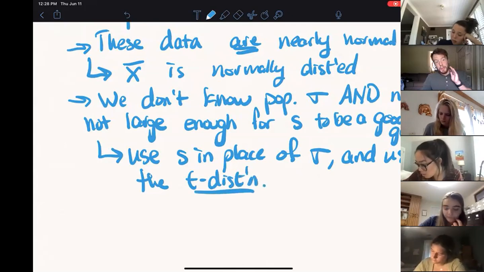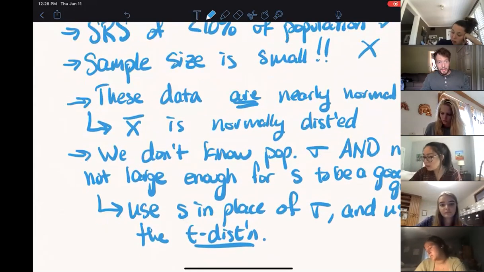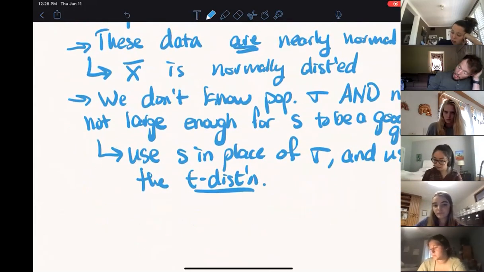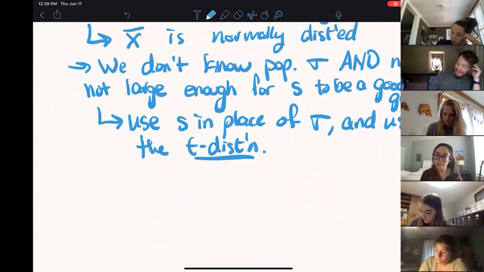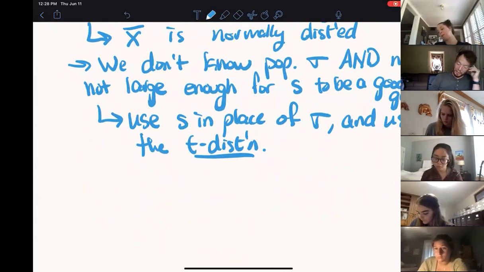The t distribution is very specific to this case. When this specific thing happens, you should be using the t distribution. But other than that, it actually comes down to being very similar to how we did confidence intervals in all other cases.